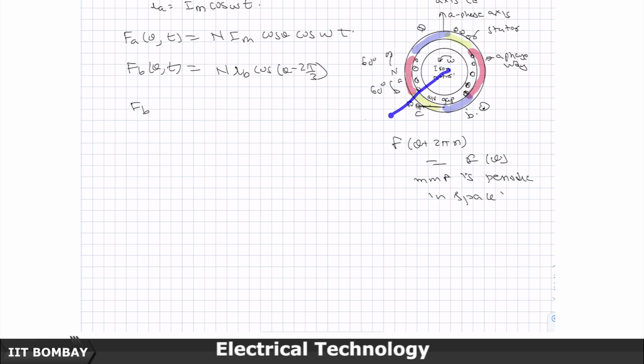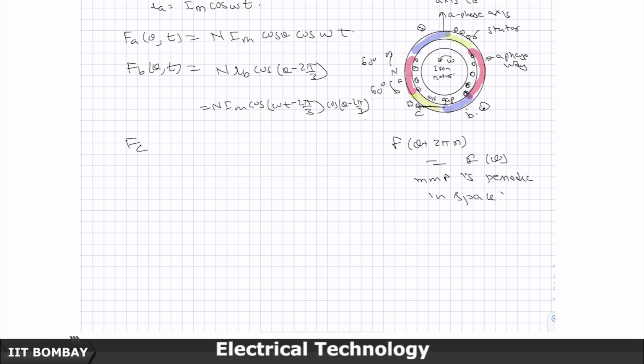So you have to travel 120 degrees in the anti-clockwise direction, when the windings are carrying balanced sinusoidal currents. Then this will be NIM cos of omega t minus 2 pi by 3 into cos of theta minus 2 pi by 3.